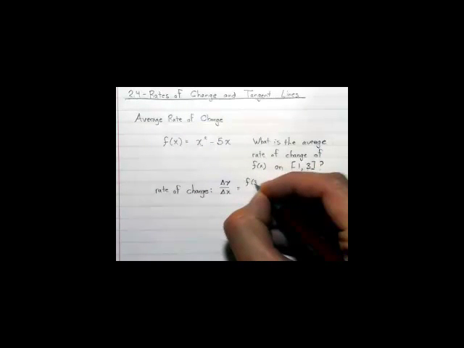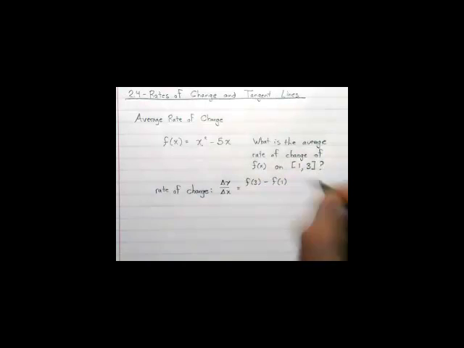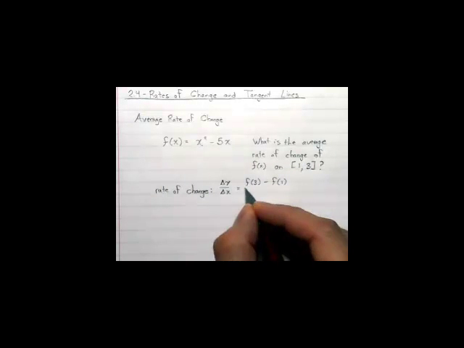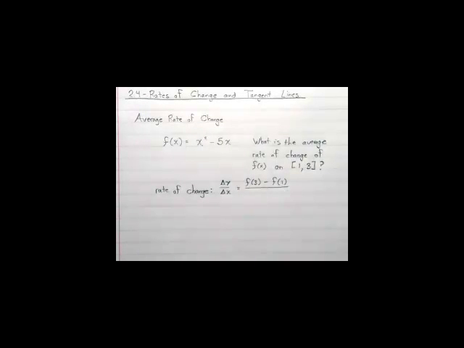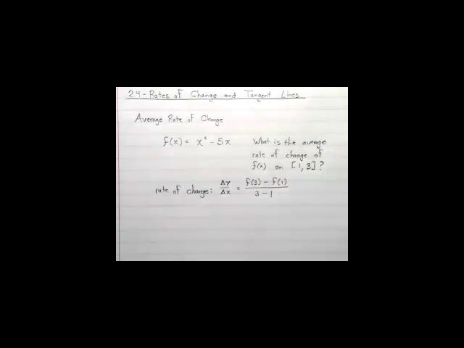You plug in the 3, get a y value. You plug in the 1, get a y value. What's the difference? That's the change in y. And the change in x is simply 3 minus 1. So we end up with f of 3 minus f of 1 on top, and the two numbers of the interval subtracted on the bottom.